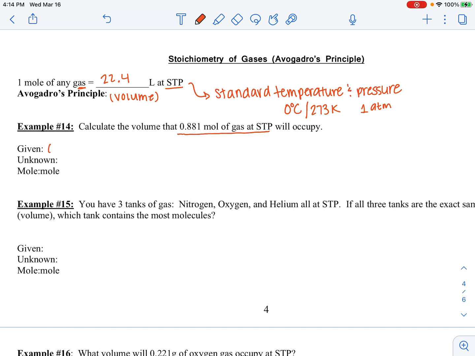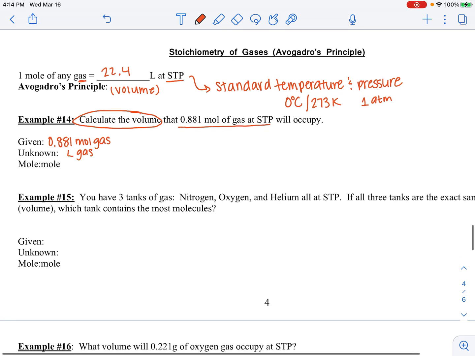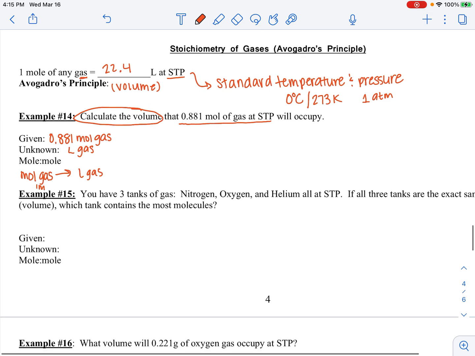Your given here is 0.881 moles of gas, and your unknown is the volume, and volume we solve in liters, so liters of gas. You don't need a mole ratio, you just need to go from moles of gas to liters of gas, and to do that, you'll use 1 mole equals 22.4 liters.